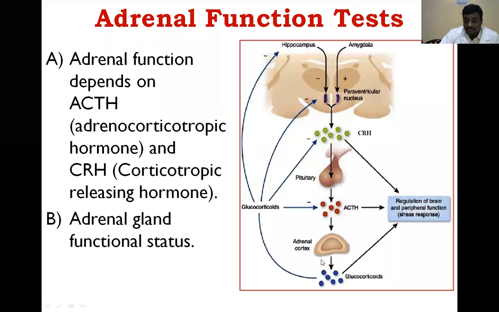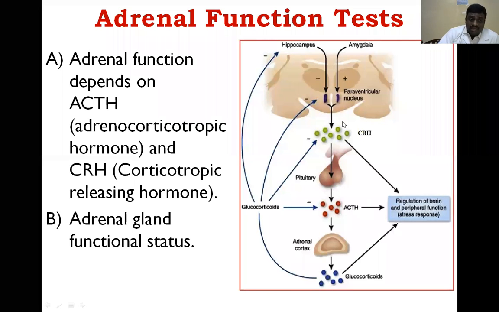This mainly depends on the action of external hormones on the adrenal gland. So what are those external hormones? Adrenocorticotropic hormone and corticotropin-releasing hormone. Adrenocorticotropic hormone is produced from the anterior pituitary gland, and corticotropin-releasing hormone is produced from the hypothalamus.